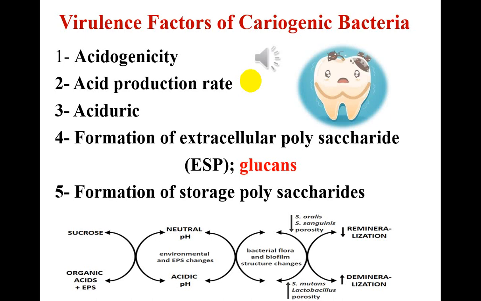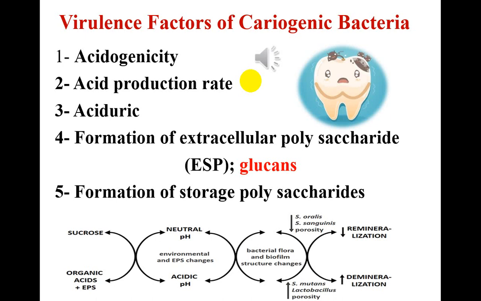The extracellular polysaccharide is considered to be a diffusion barrier that prevents the diffusion of acid to the surrounding environment, keeping the acid in contact with the tooth surface and increasing the probability of dental caries formation.